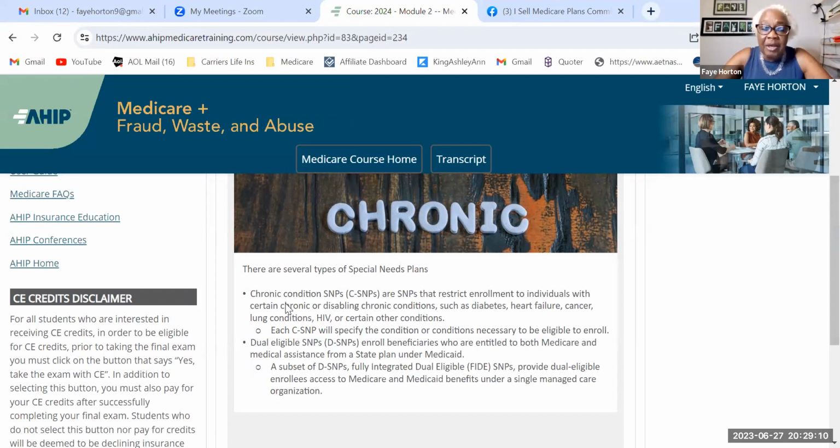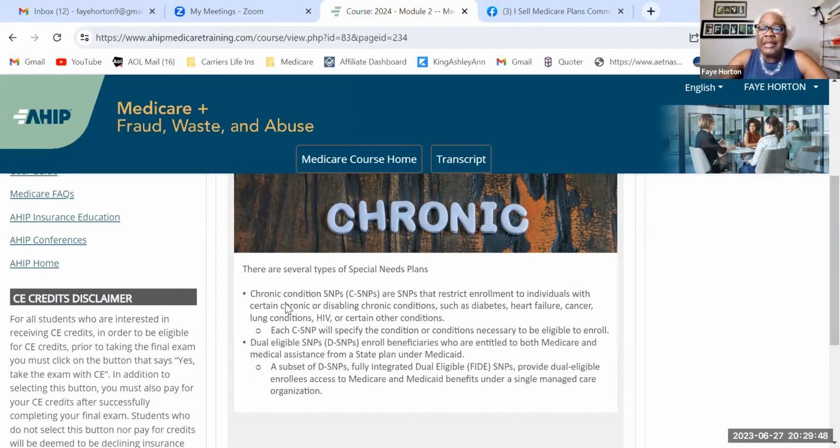So each carrier identifies the specific disabling chronic conditions that will allow an individual to be enrolled in their plan. So remember that, because one says if you have HIV, you can get this chronic SNP plan, doesn't mean that every carrier has that as one of the conditions. Each C-SNP will specify the condition necessary to be eligible to enroll.